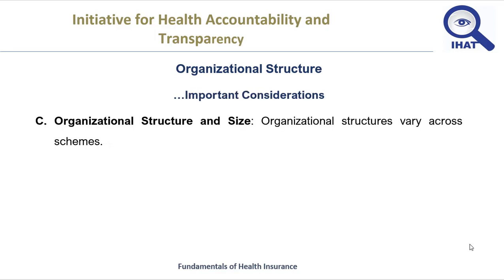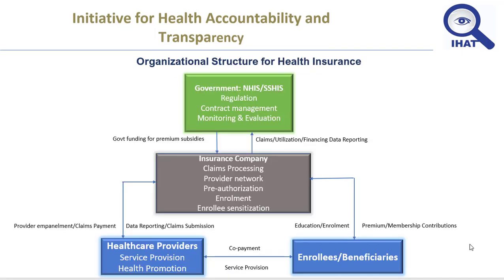Now let's look at organizational structure and size. Please note that organizational structures vary across schemes. This is like a structure for health insurance in Nigeria. The government is the main overseer of the health insurance company, and it is responsible for monitoring and evaluating the overall scheme and regulation.